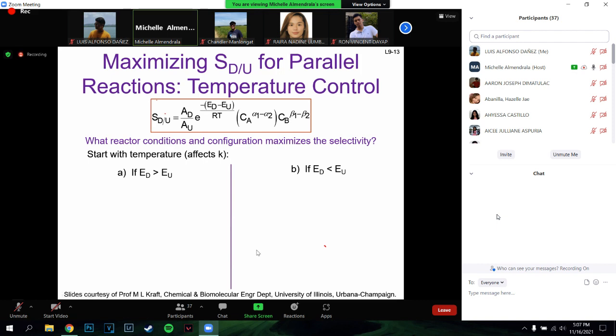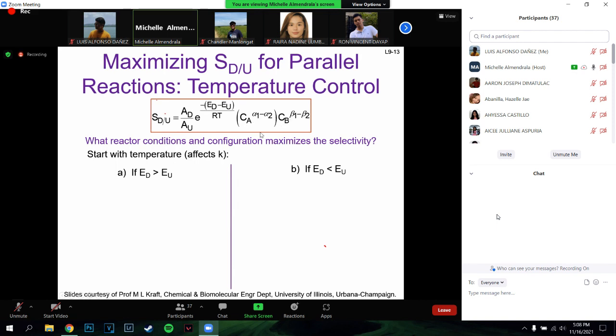Okay, so you have to make sure that you can control T. You have to choose a temperature that gives you the maximum value of SD/U. You can substitute any temperature here and compare the values, or you can vary your CA, you can vary your CB.